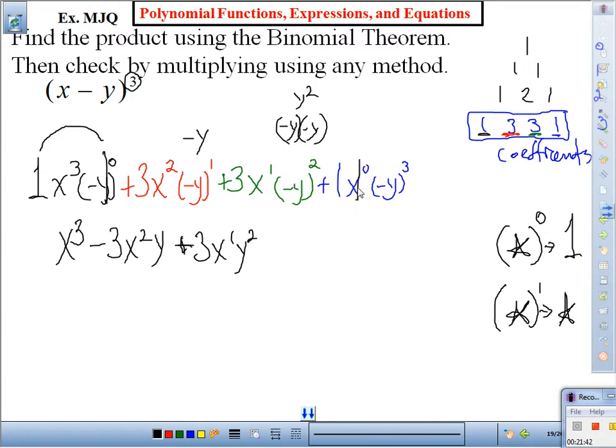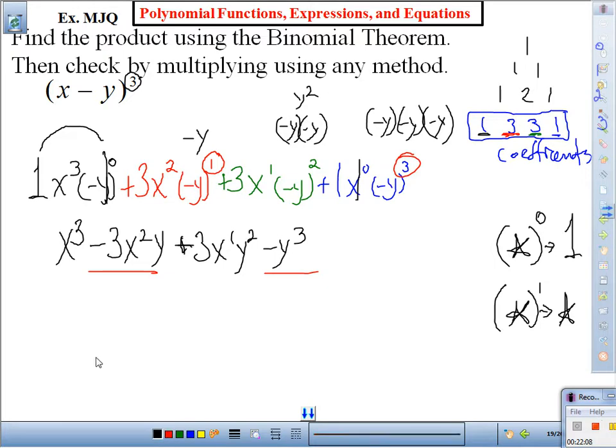What is 1 times 1? 1. So what is negative y cubed? Negative y times negative y times negative y. That's negative y cubed. Or in other words, anytime you have an odd number exponent, and if it has a negative somewhere in there, that term will always be negative. Copy that.